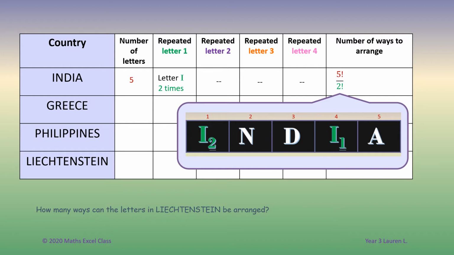In this case, it is 5 factorial over 2 factorial, which equals 60. If we were using the country name India, there would be 60 ways to arrange this country name.